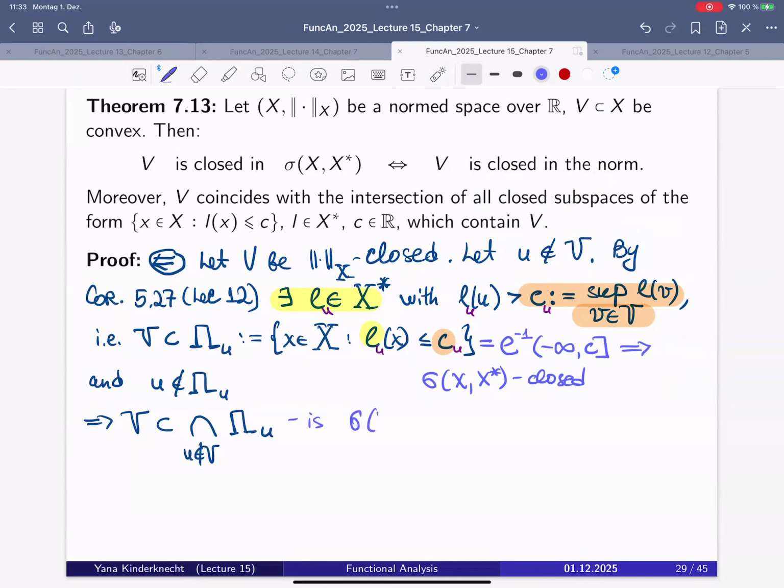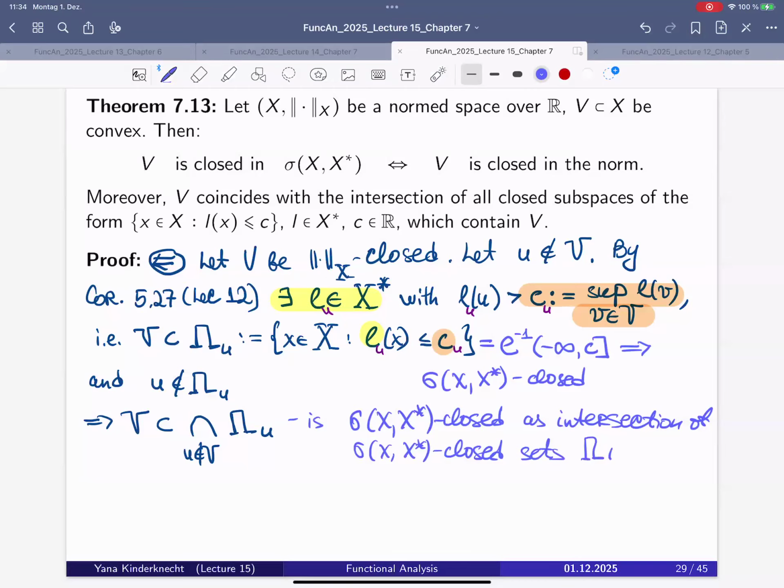So the intersection of sigma x star closed sets PU is sigma x star closed. Okay, so V lives in this set, and this set is at least closed.